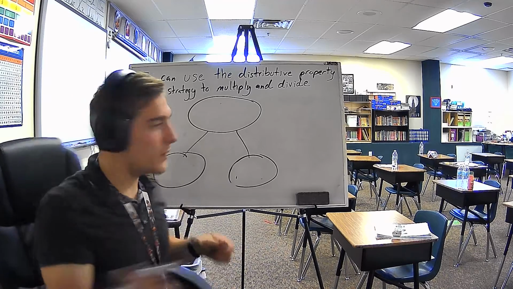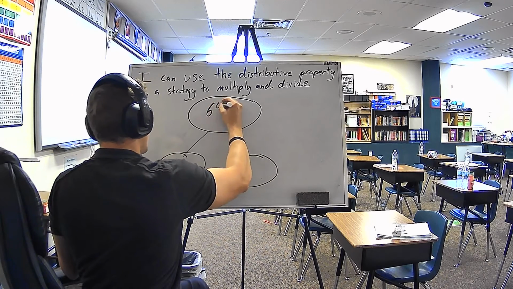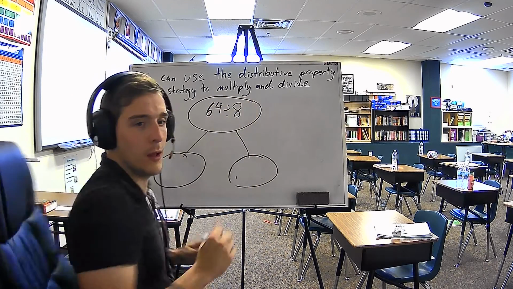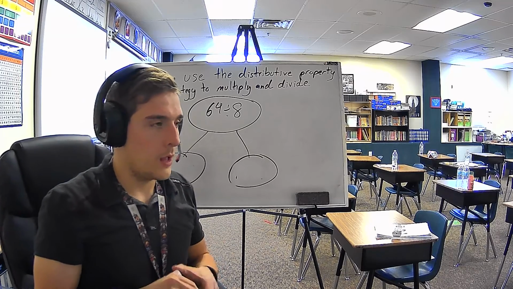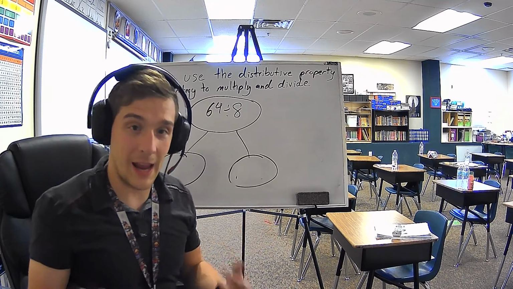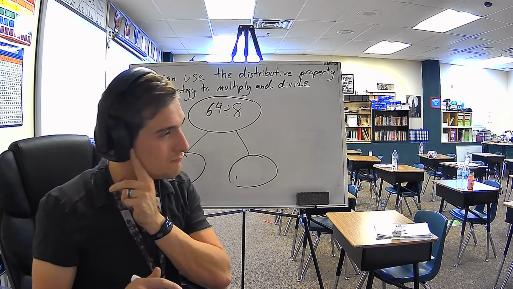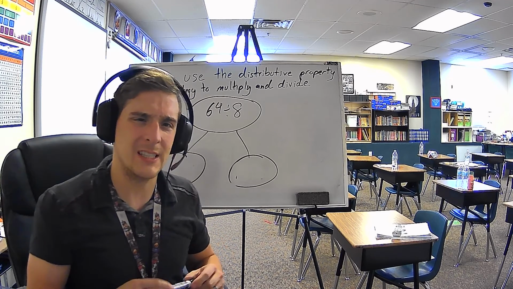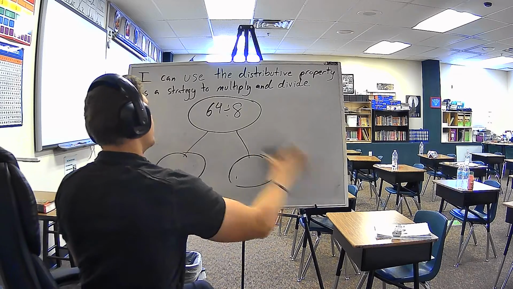So let's say I had 64 divided by 8. So a little bit bigger. It's a little bit different than the last problem, but it's still in 8s. I'm kind of going back and forth if I want to use 8 still again here. You know what? Let's change it.